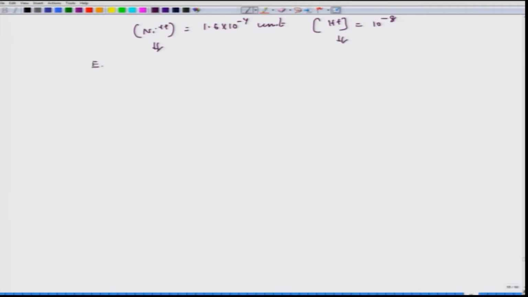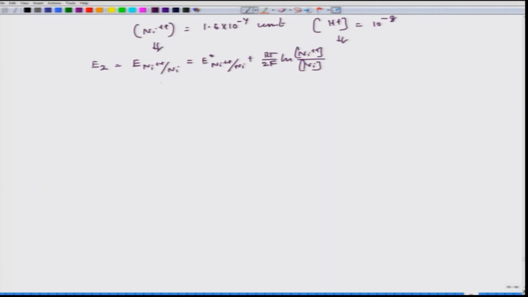So, E2 is nothing but E Ni plus plus/Ni, equal to E0 Ni plus plus/Ni plus RT by 2F, since 2 electrons are involved for this reduction reaction, ln of the Ni plus plus ion concentration, which is the oxidant, over the nickel concentration, which is the nickel metal.